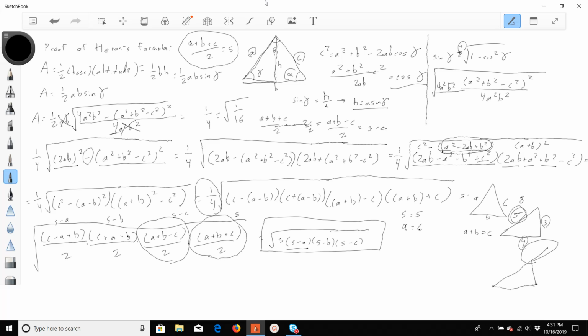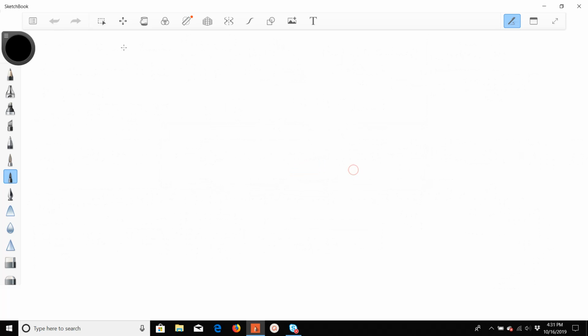I guess maybe I should do one example of actually applying this thing real quick. So let's do that right triangle. Let's do 3, 4, and 5. The semiperimeter of this triangle is 3 plus 4 plus 5 over 2, which is 12 over 2, which is 6. So the area, and it doesn't really matter what side you let a be, what side you let b be, or what side you let c be, just be consistent.